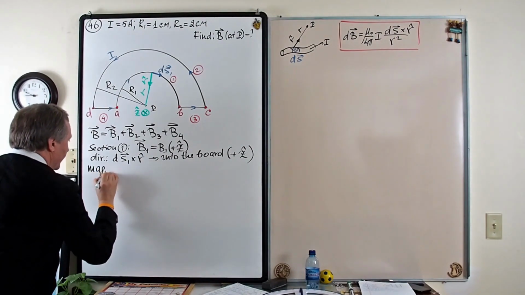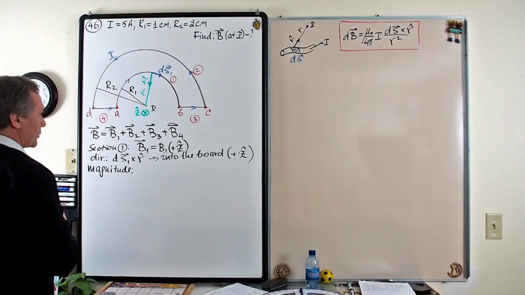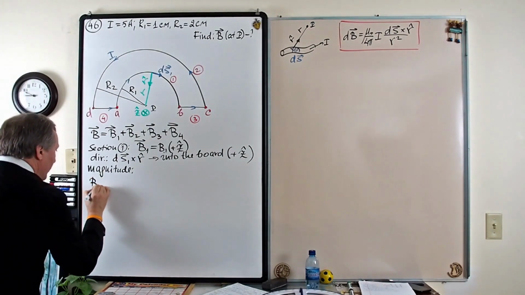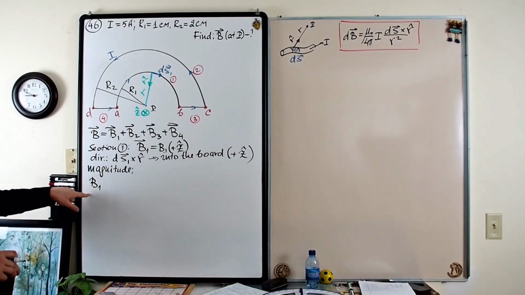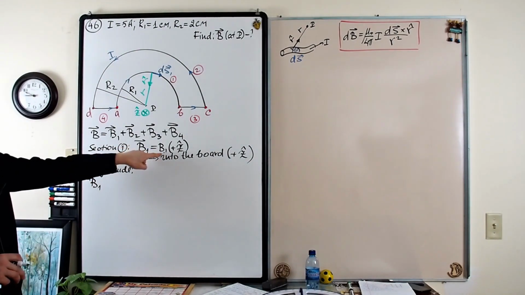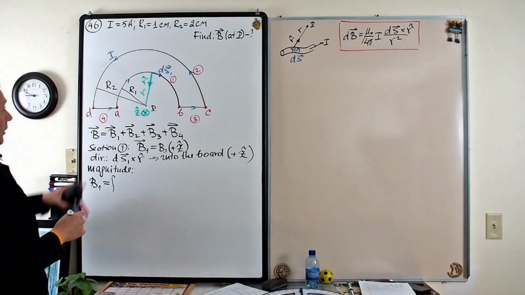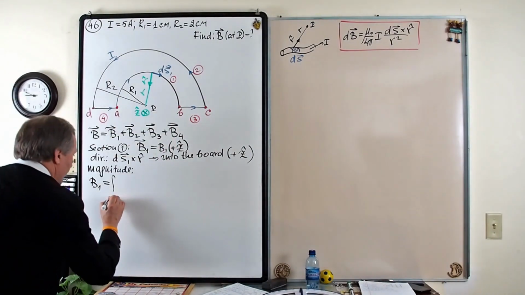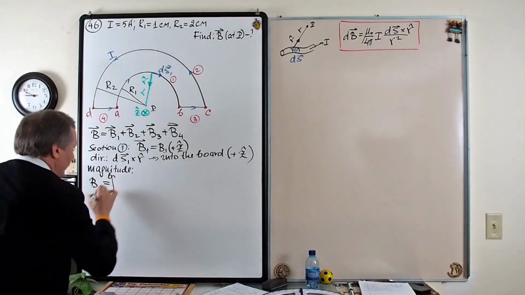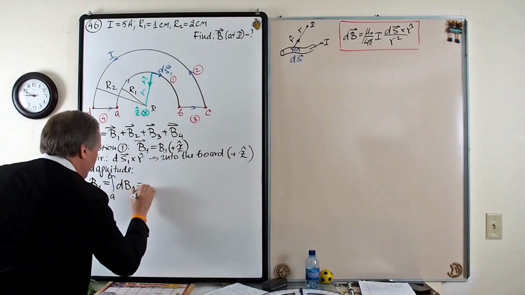Now the magnitude. We'll have to do some integration. So B1, you see, now there is no vector sign. Now it's the absolute value of this magnetic field. So it's an integral. We'll start integration at point A and finish at point B, so integration from point A to point B of dB1.